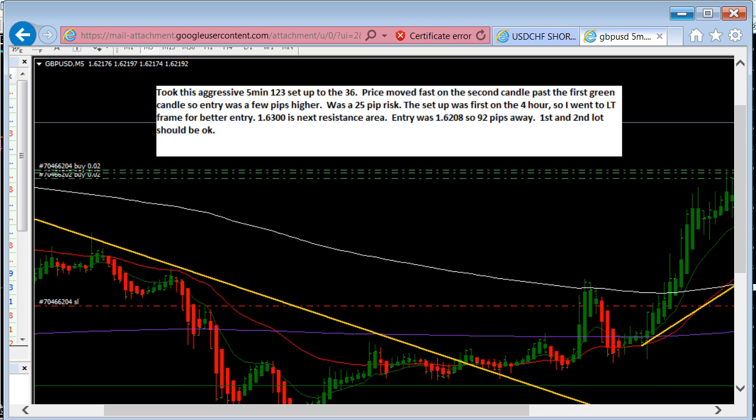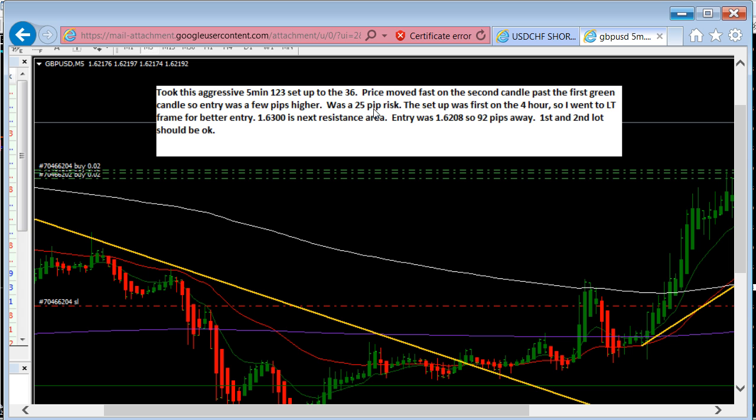Kathy, do you all see this chart? Okay, so it says took this aggressive 5-minute 1, 2, 3 setup on the 36 up to the 36. Price moved fast on the second candle, but the first green candle past the first green candle, so entry was a few pips higher.